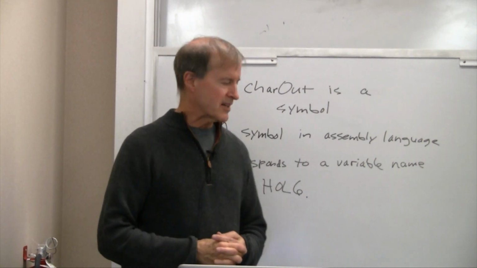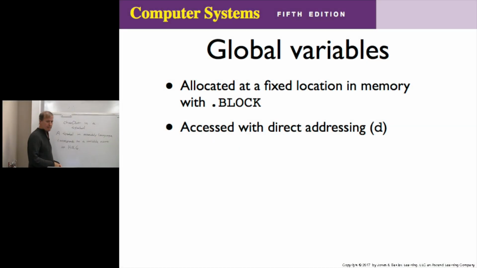So now let's do another translation. So to get set up for that, global variables, where are global variables stored? At a fixed location in memory. And how do we allocate them? With what? Dot block. Okay. So if you have a character variable, that would be dot block what? Characters occupy how many bytes?